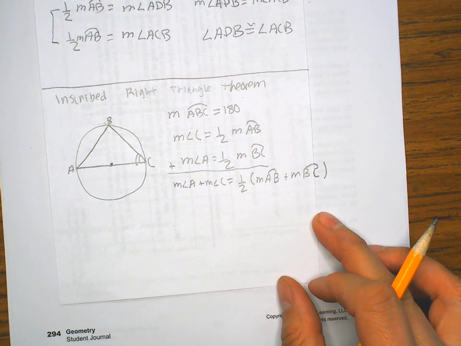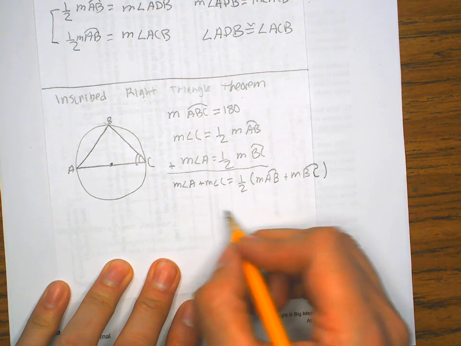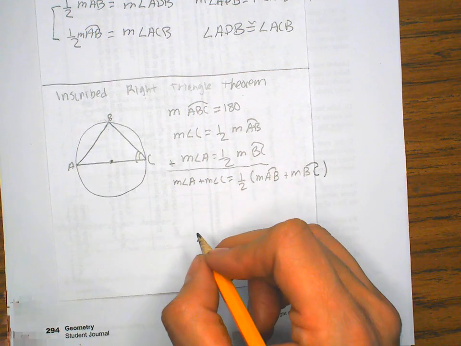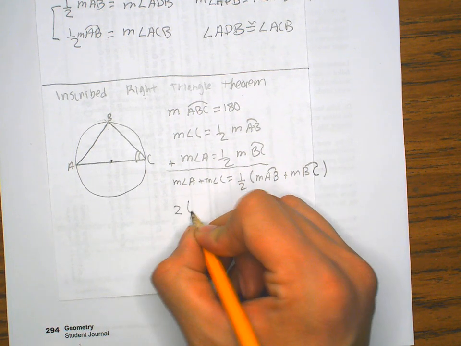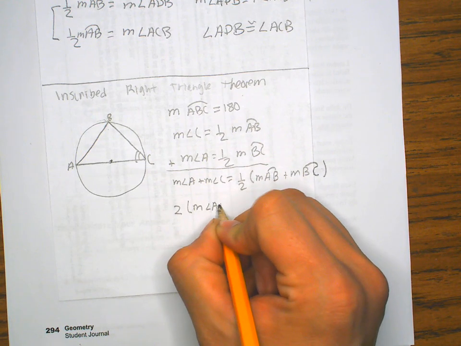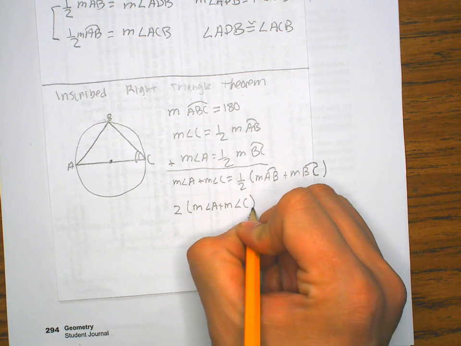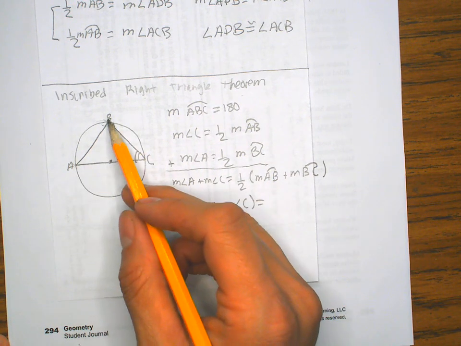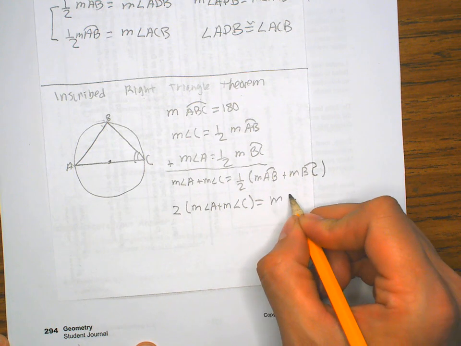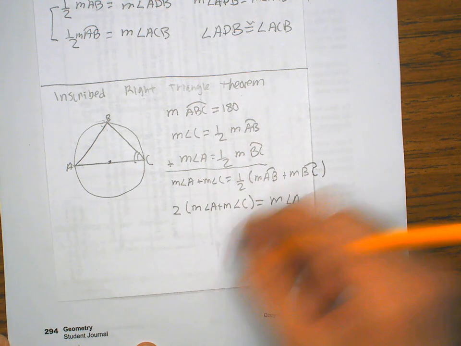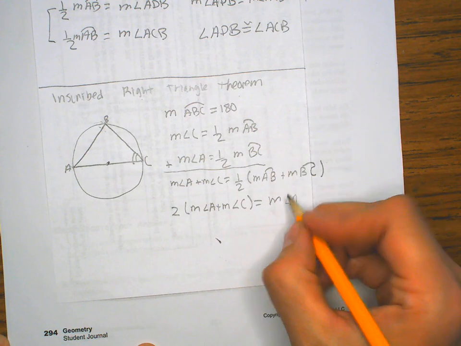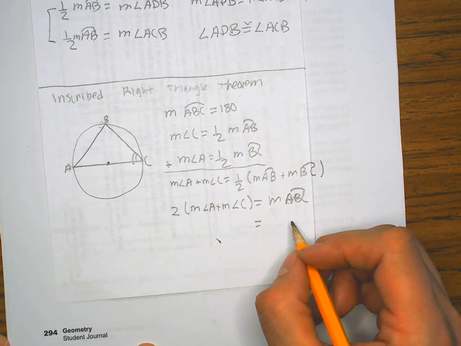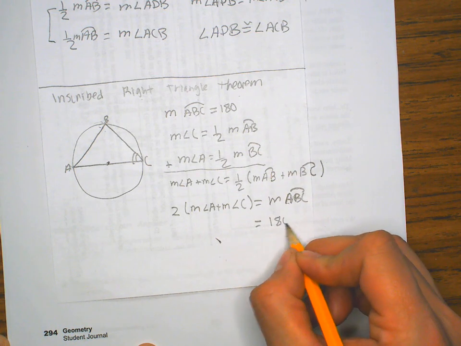And then I'm going to multiply both sides by 2. When I do that, I get 2 times the measure of angle A plus the measure of angle C equal to, now let's think about this, AB plus BC, that is the measure of arc ABC, which we already know is going to be 180 degrees.